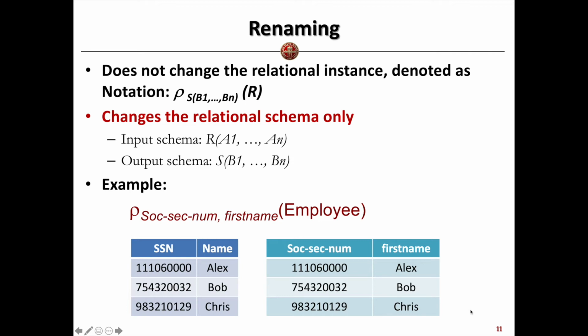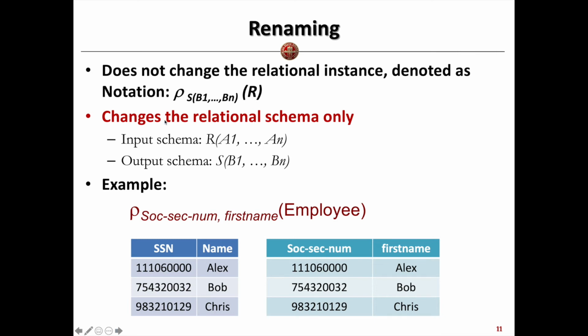The only change it makes is to the schema. So the renaming doesn't change the relation instances. It can be formally represented as a rho with a subscript S of B1 to Bn. This S denotes a new name for the relation. This B1 to Bn denotes new names for the attributes. And we are working on a relation R as shown here.